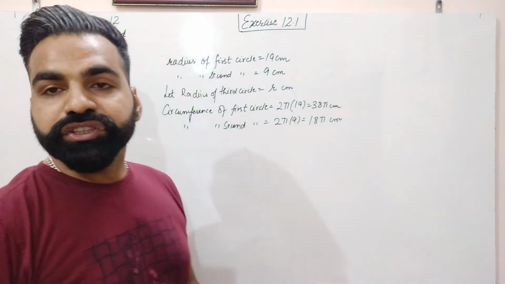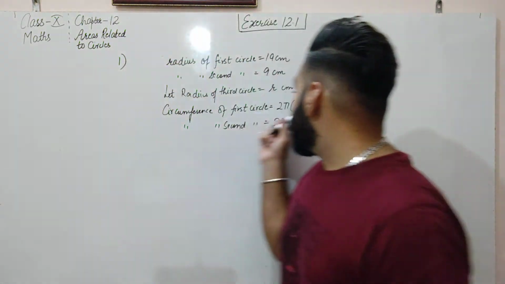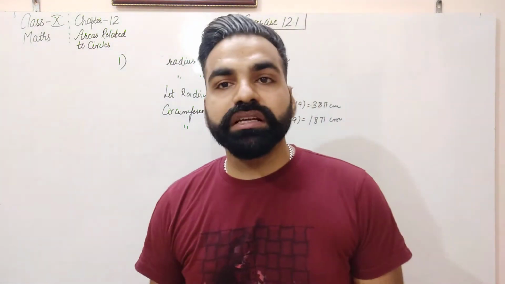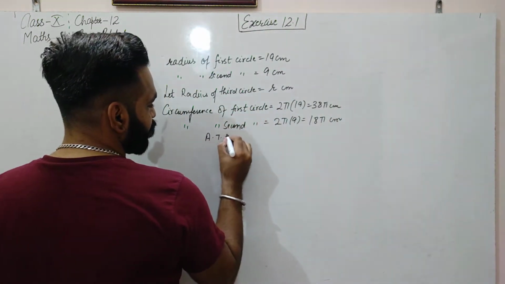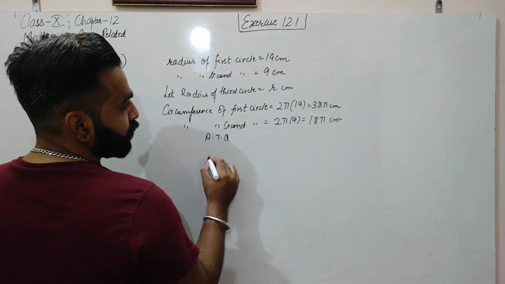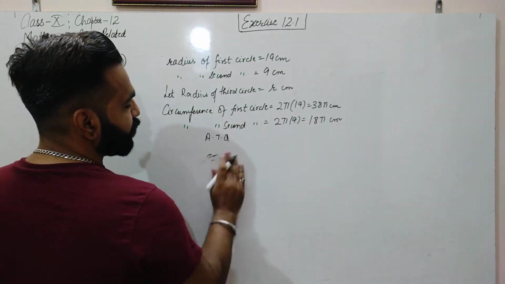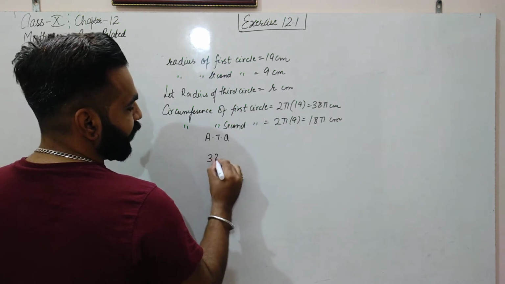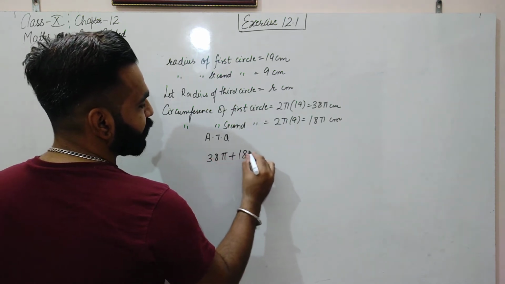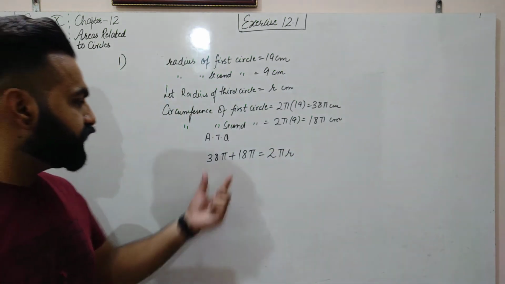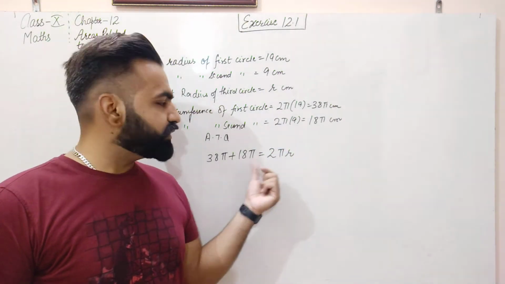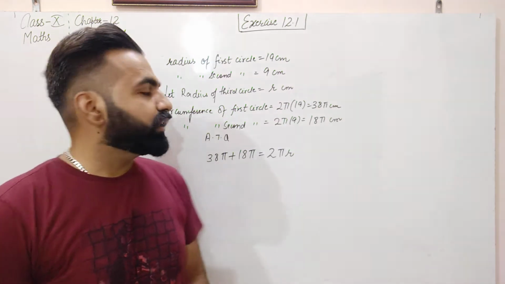And according to the question, the sum of these two circumferences is equal to the circumference of the third circle. That means 38 pi plus 18 pi gives 2 pi r. The sum of the circumferences of the first two circles gives the circumference of the third circle.